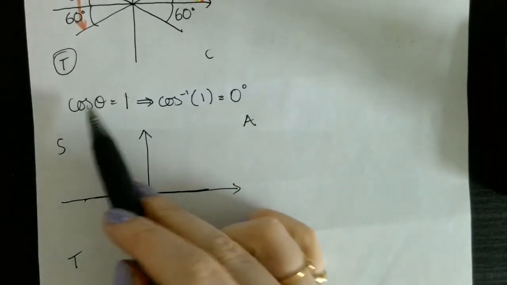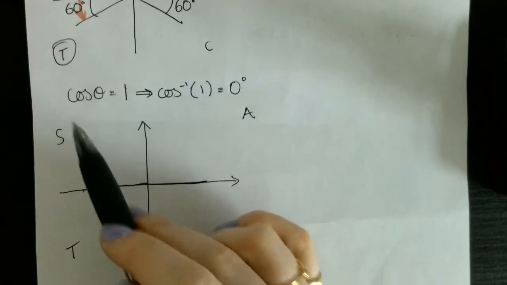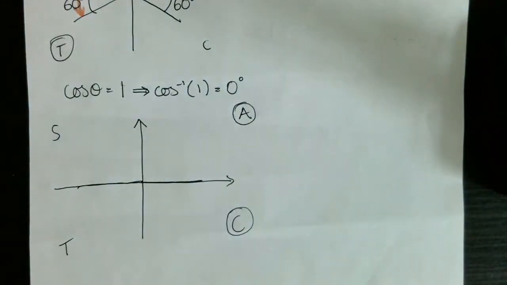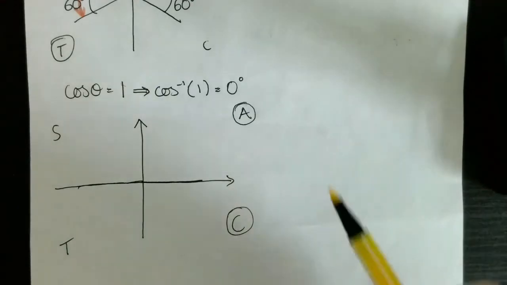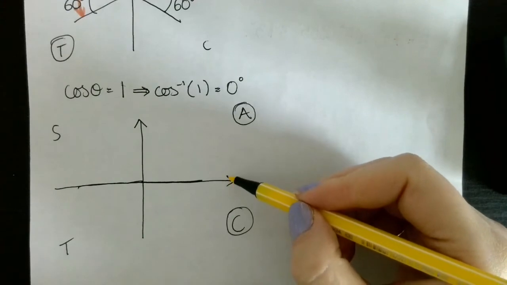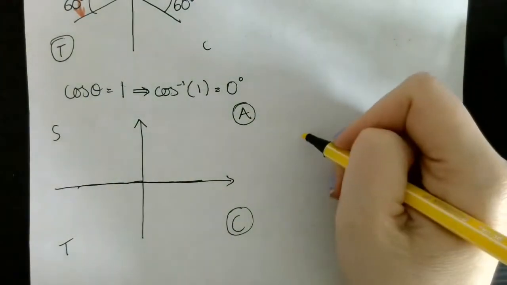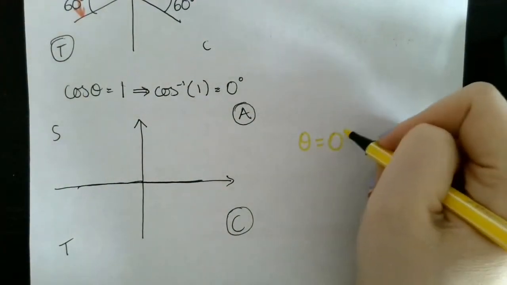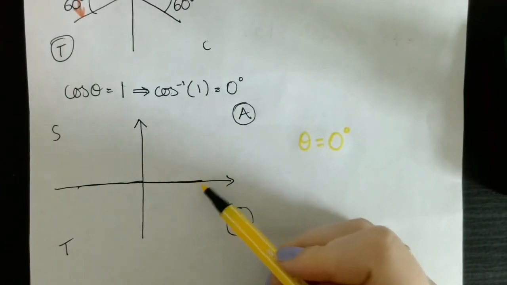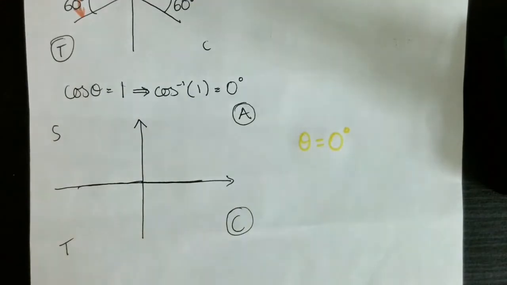We're looking at when cos theta is equal to 1, so we're looking at when cos theta is positive. And we are going to go round again up to those angles we've made with the horizontal. So starting at 0, we're going to go up to 0. So obviously our first angle is going to be 0 degrees. Obviously we can't draw an arc going up to 0, so the first angle is 0.